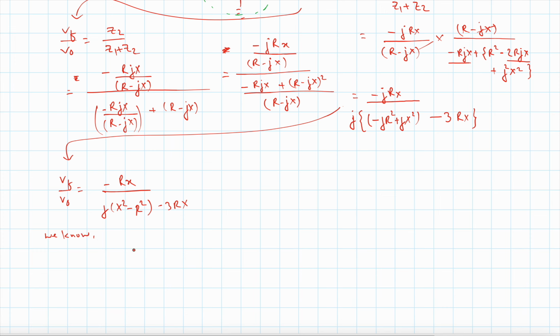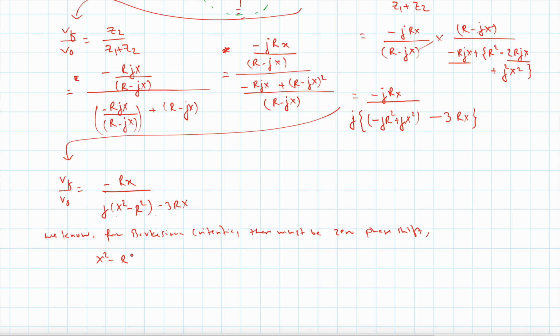We know from Barkhausen criteria there must be zero phase shift. Okay, so this term must be 0.